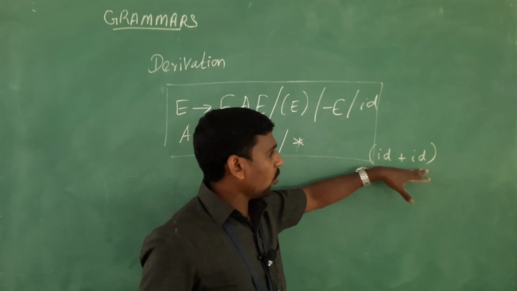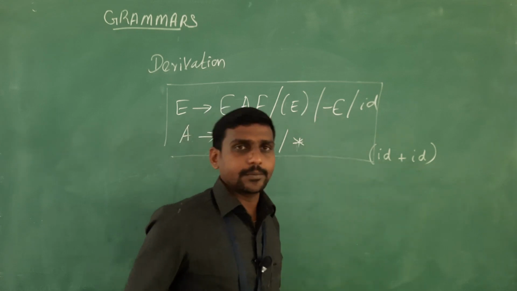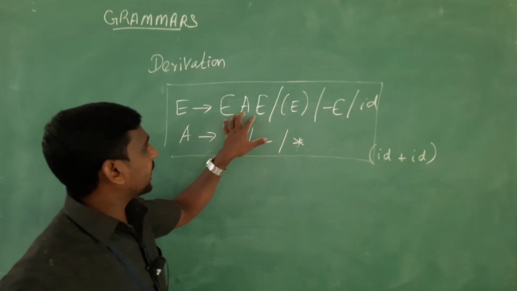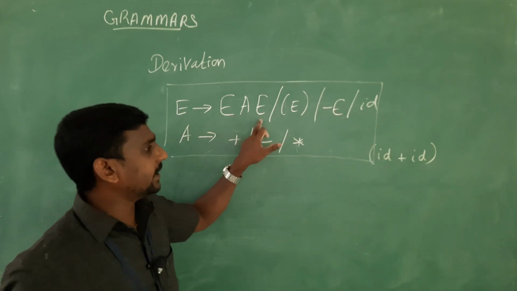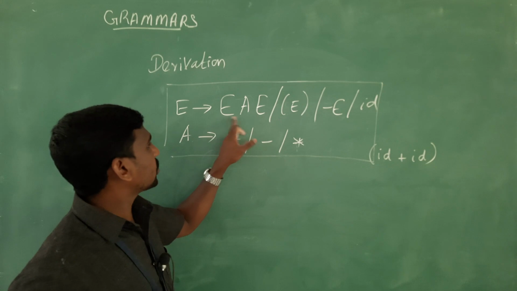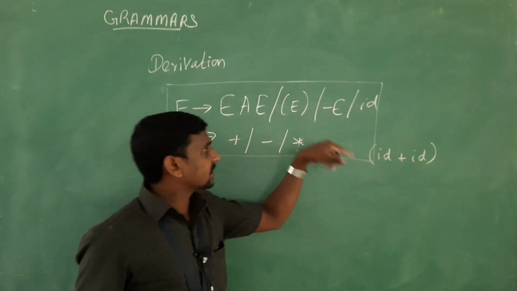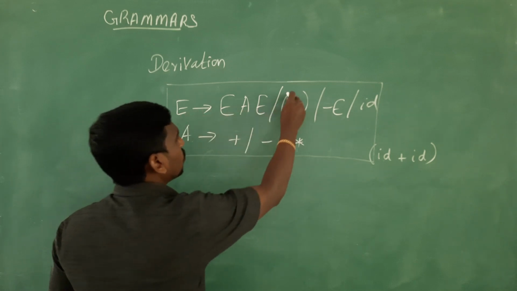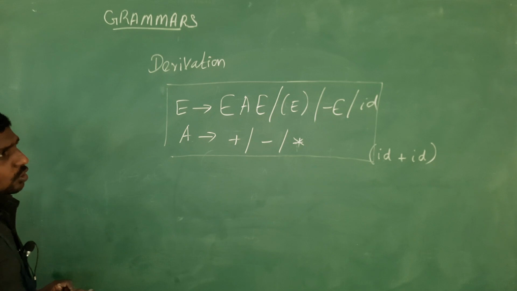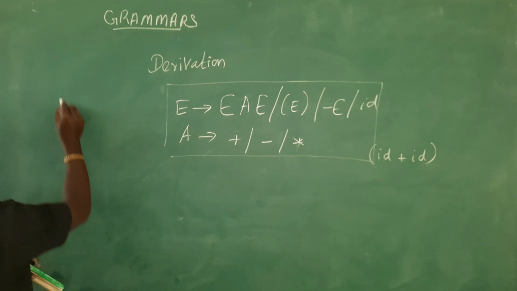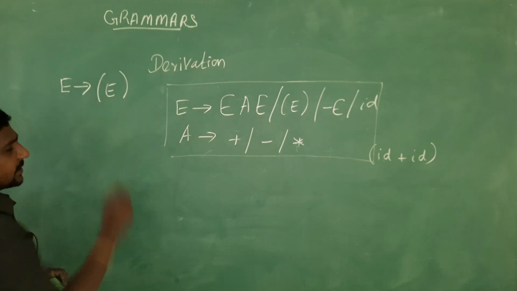Clear? So how can I get this output from this grammar? We have the possibility to expand 1, 2, 3, 4 productions. Can I expand E tends to EAE? But if I expand E tends to EAE, I cannot get open brace first. So I will try another production. E tends to (E).